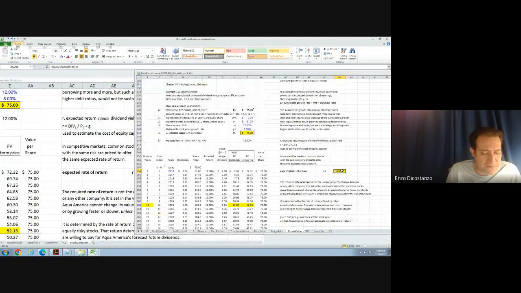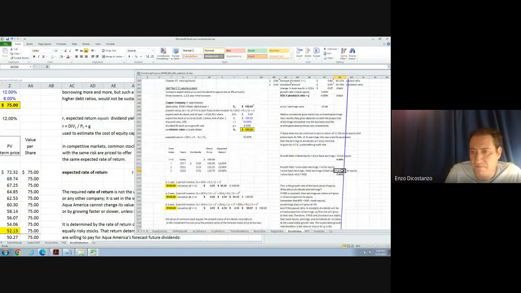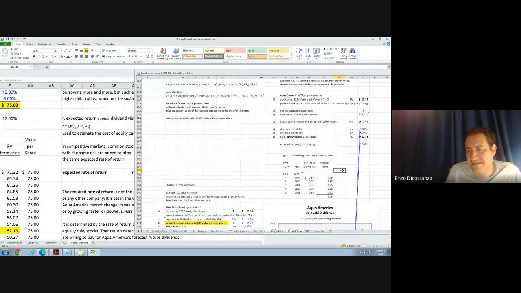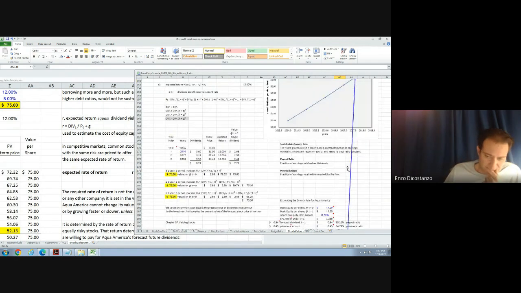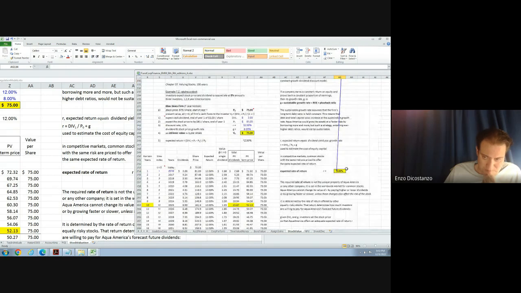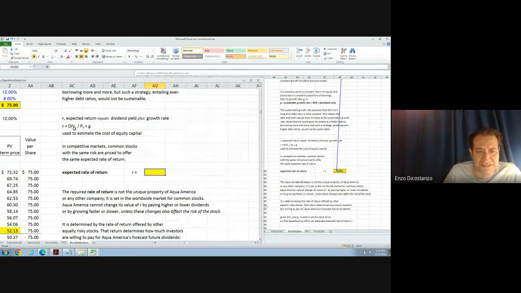This came from where? Different places. This looks like it came from the 0.8 and the 4% and the price. This is just this.